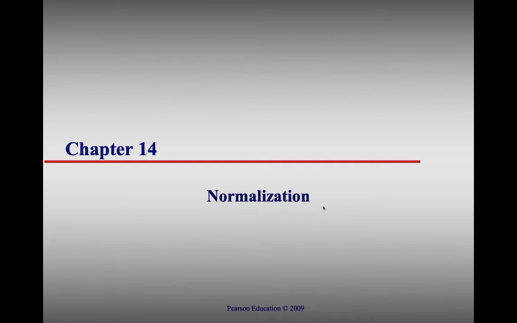normalization is actually a good check to apply to relations that you generate using ER diagrams, because with ER diagrams it's somewhat easy to end up with duplicated information in your relations, and you want to avoid duplication if at all possible. So it's almost like, you know how you write a paper, you write a first draft and then you go back and you write a second draft where you polish it.